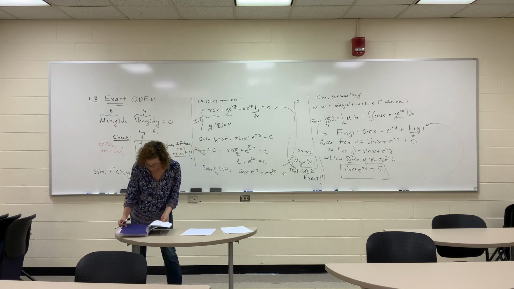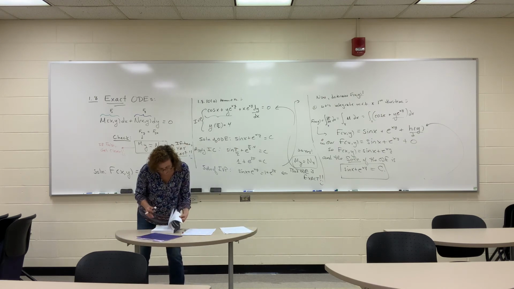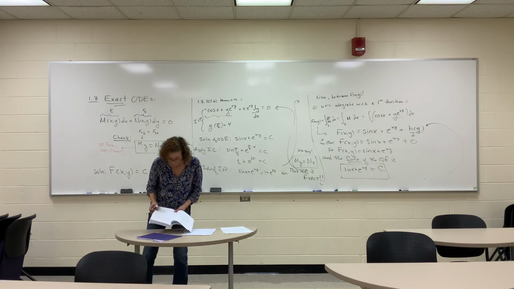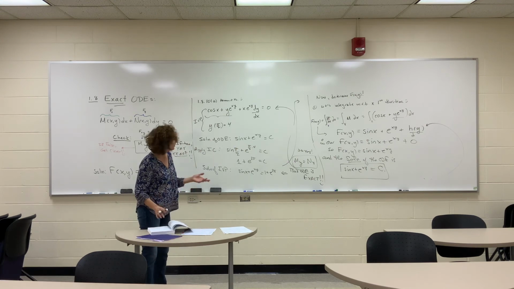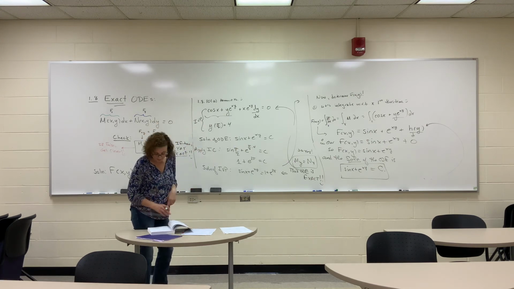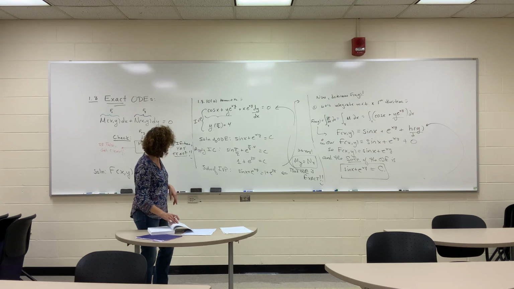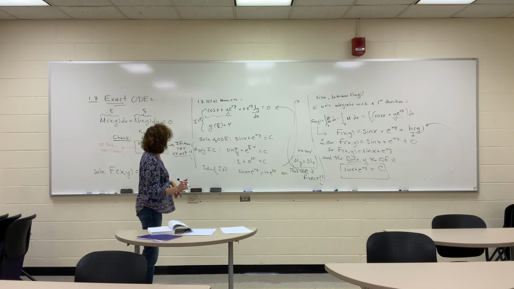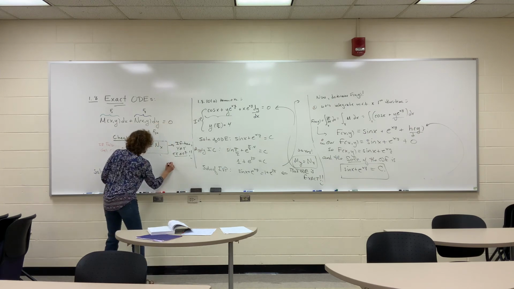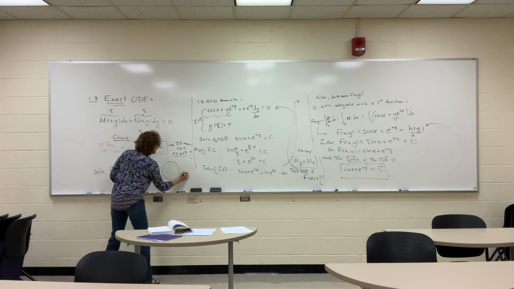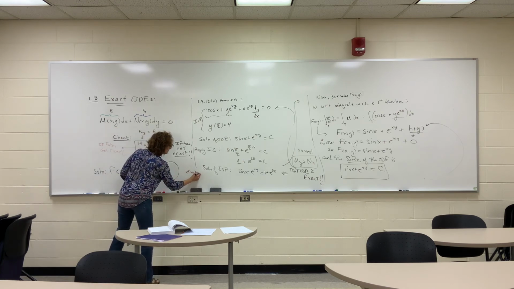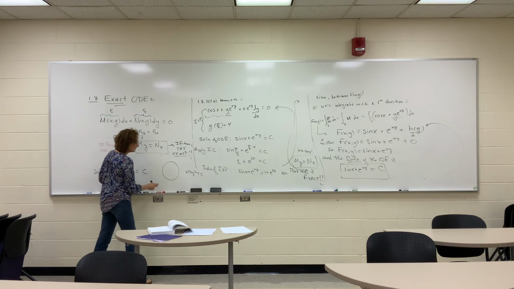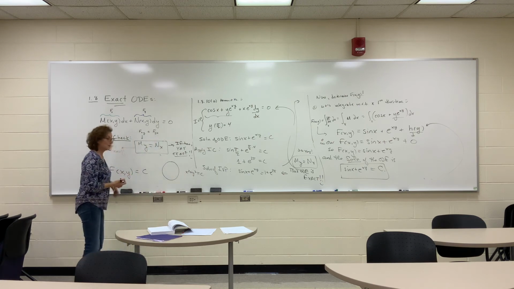Alrighty. In the beginning of the section, there's an example with concentric circles as your level curves, right? If you think about a concentric circle, x squared plus y squared is equal to c, a circle of radius square root of c.